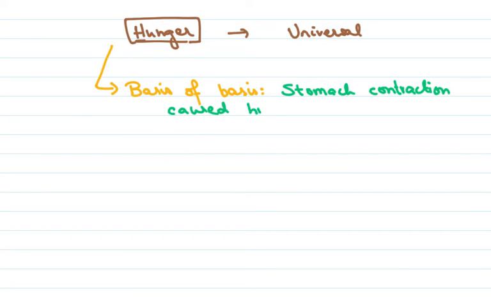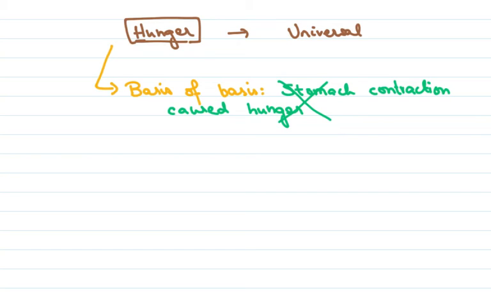Now, later, this theory was debunked because in certain cases, a person's stomach might have to be removed, and what you saw in those cases was that even if the stomach was removed, a person still could feel hungry. So definitely hunger is not a function of stomach contractions.